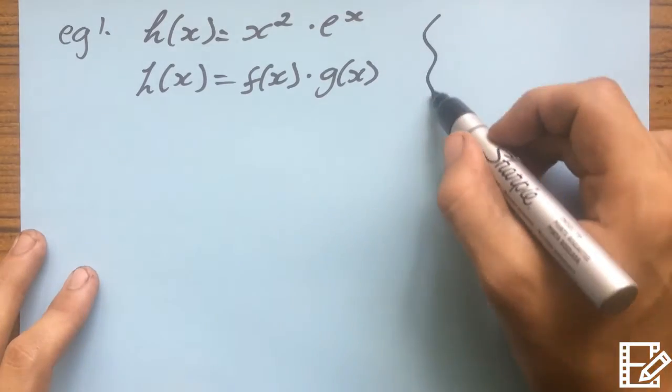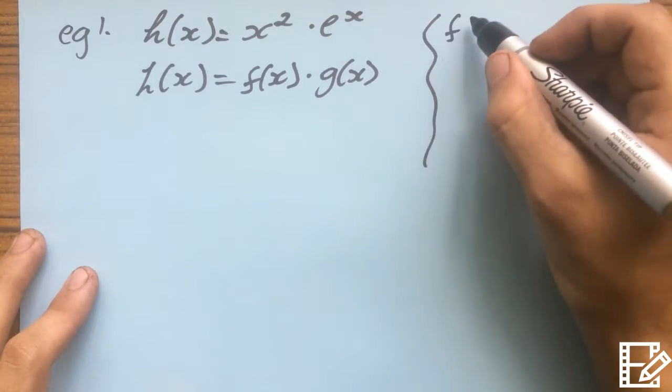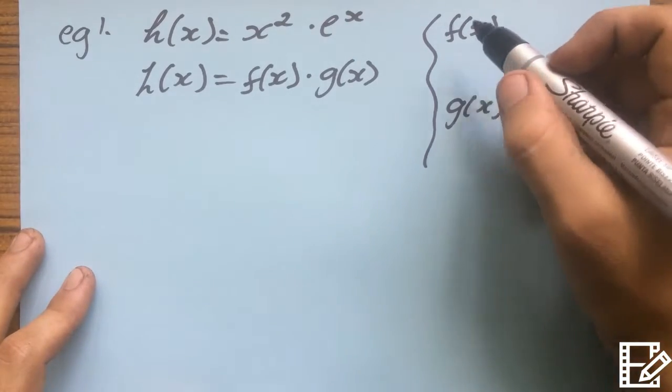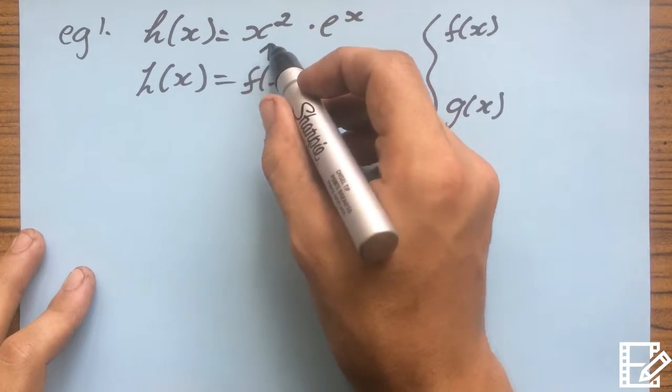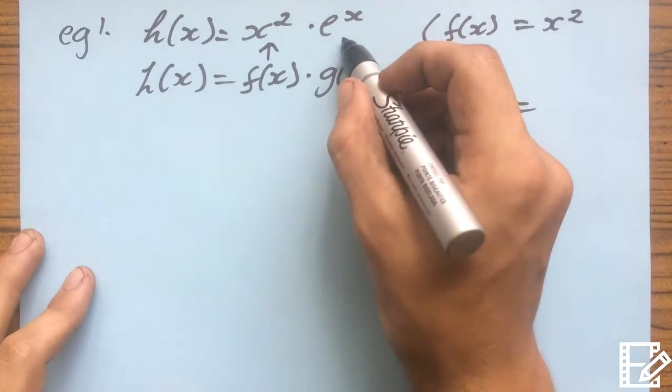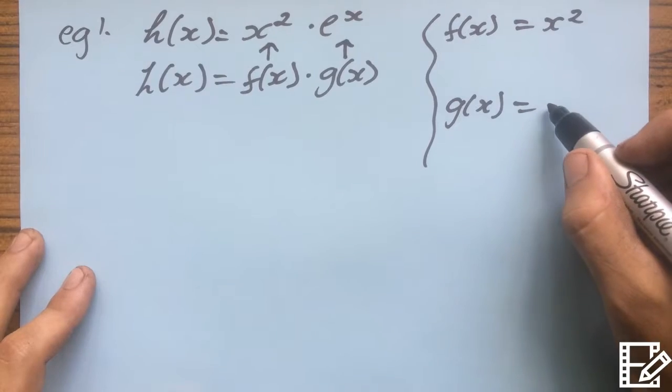So if we were to split the page and label as such, f(x) we will label as x squared and g(x) as e^x.